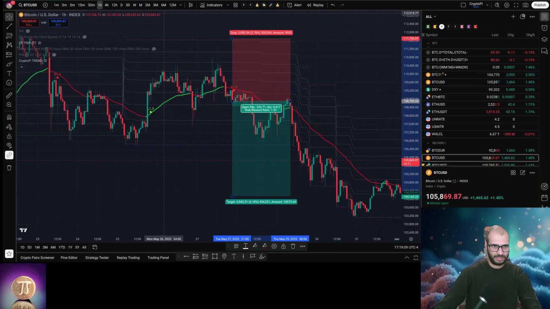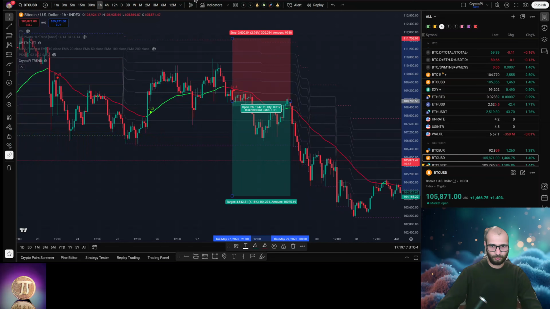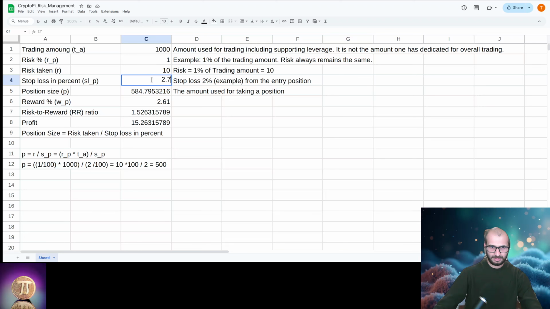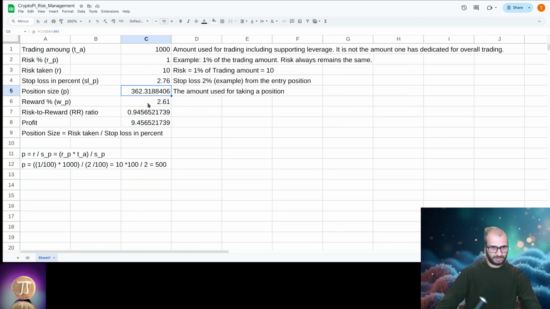Let's do the calculation again. Trading amount is 1,000, risk is 1%, my stop loss is at 2.76. My position size is $362, and my reward percentage is 4.18%.